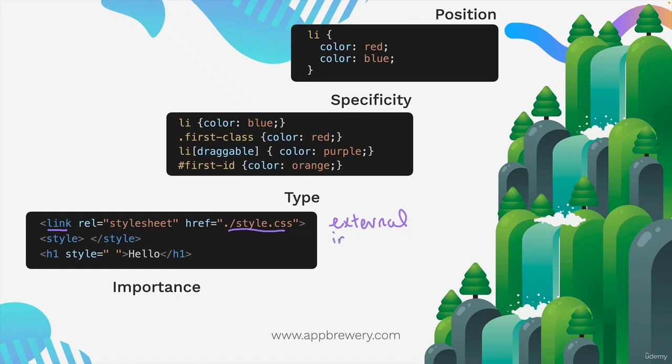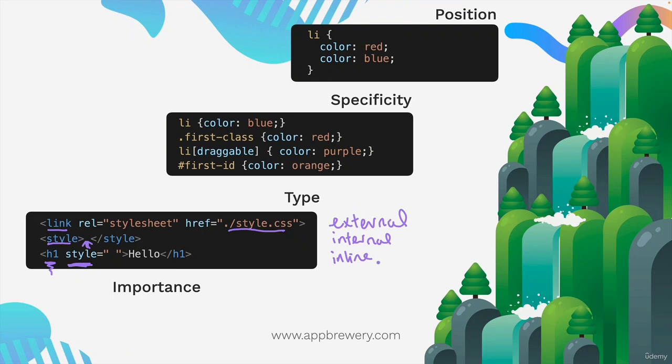Then there is internal CSS, which is done through the style element and putting the CSS in between the open and closing brackets of the style element. And finally, there is the inline style, where the CSS is applied through the style attribute inside the opening tag of an actual HTML element.